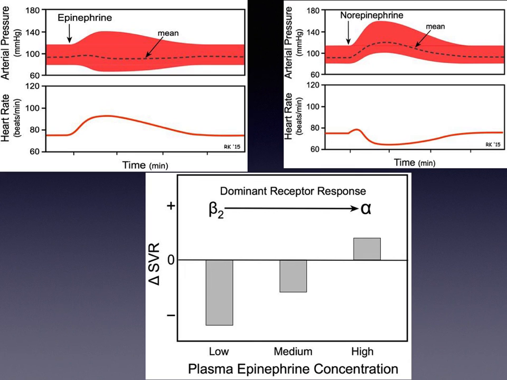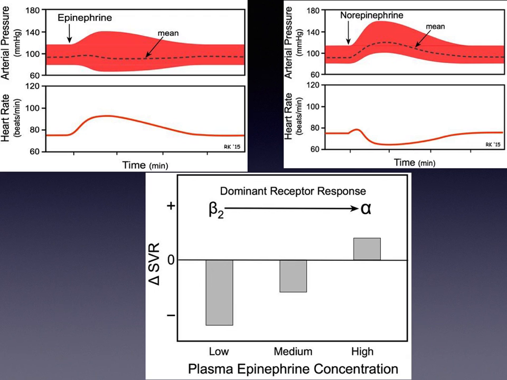And when there are high concentrations or dosages, a lot of the alpha adrenal receptors bind to epi, and the relationship between the vasodilation and vasoconstriction actions of epi will shift more towards vasoconstriction, which would of course increase our SVR.